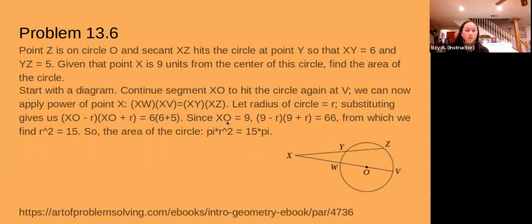Since XO is equal to 9, that means 9 minus R times 9 plus R is going to be equal to 66. From that, we can find the radius squared is equal to 15. Then the area of the circle is pi times radius squared, which is going to be 15 pi.